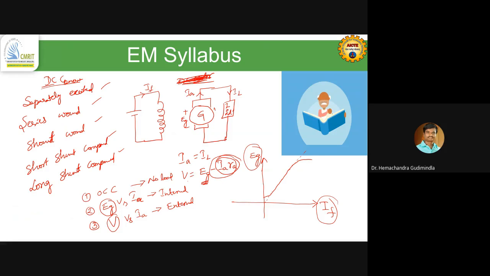Now, for EG versus IA and terminal voltage versus IA, let me draw one more graph here: armature current IA, and here EG and terminal voltage V. Here is the rated voltage.